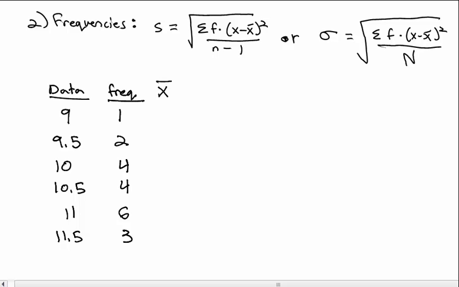I like to include a column for x bar just so that I have a reference point, the mean. So we're going to do 9 times 1 plus 9.5 times 2 plus 10 times 4 plus 10.5 times 4 plus 11 times 6 plus 11.5 times 3 to get the total sum of 210.5.